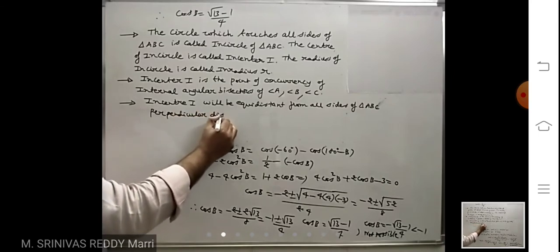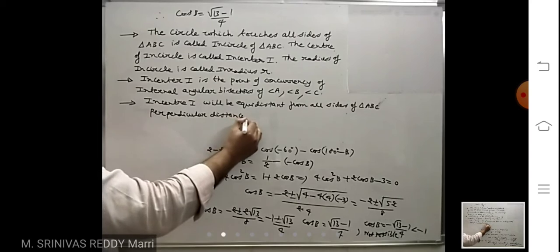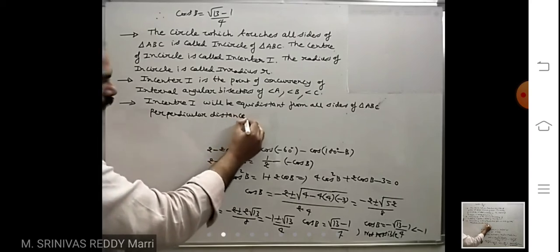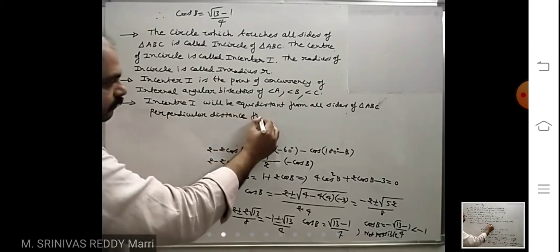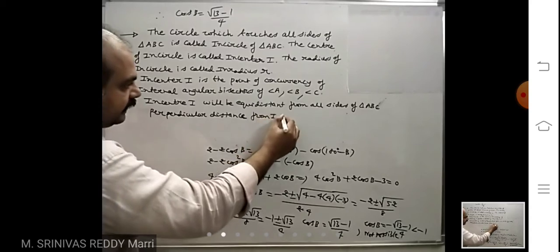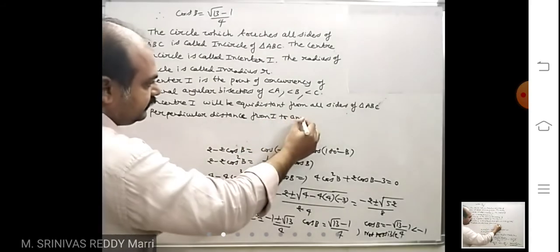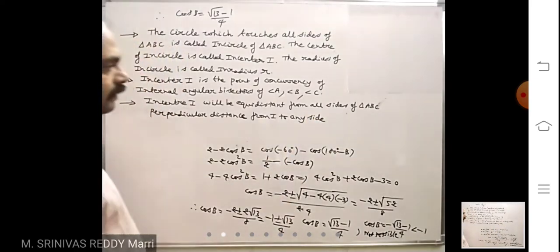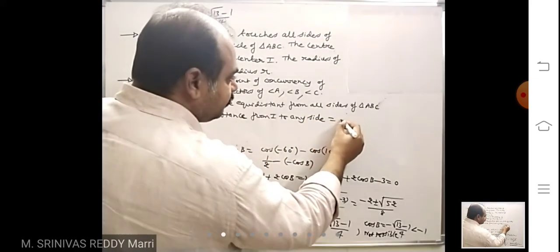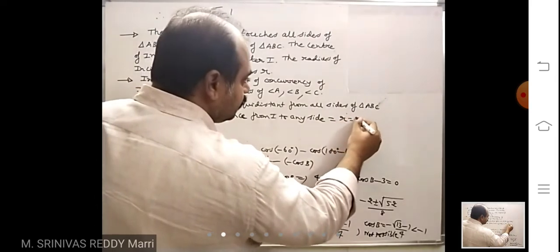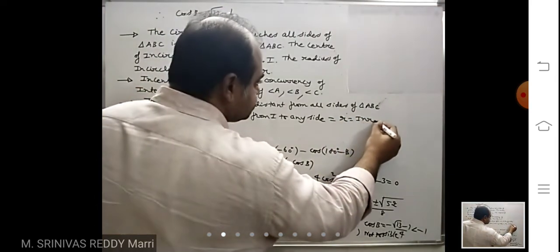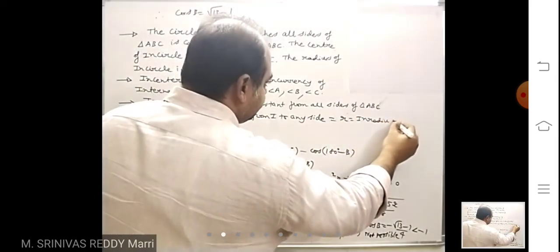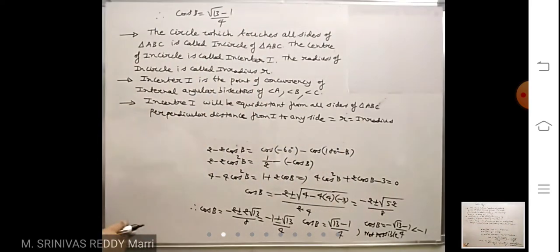The perpendicular distance from I to any side is equal to r, equal to the inradius. I will explain in the diagram.